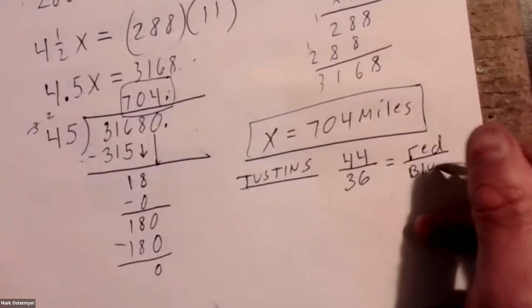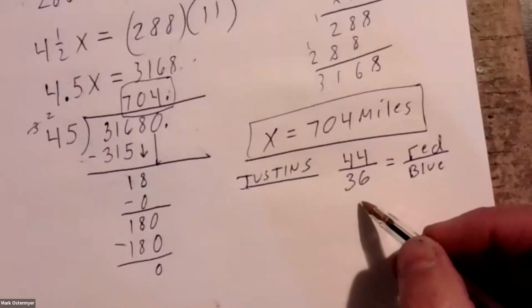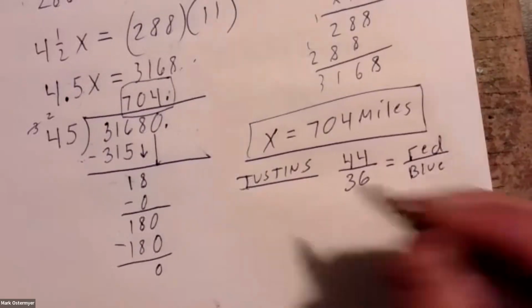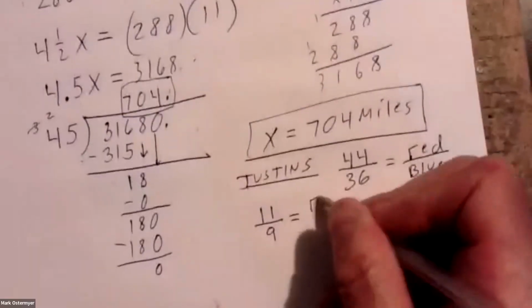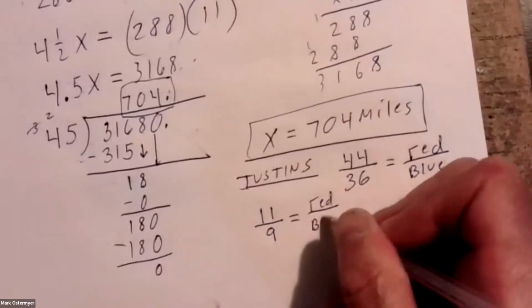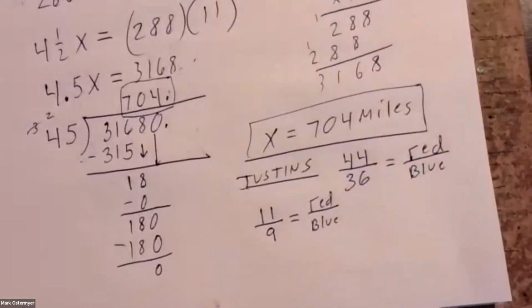We can reduce this down. 44 over 36, reduce it by 4 down to 11 over 9. That's Justin's red to blue candy ratio.